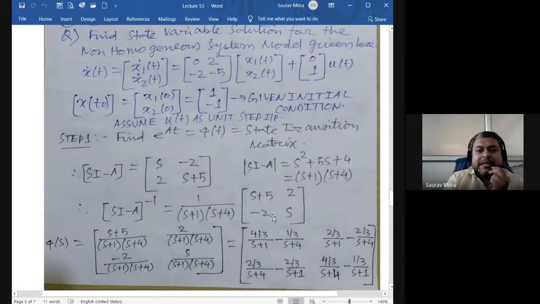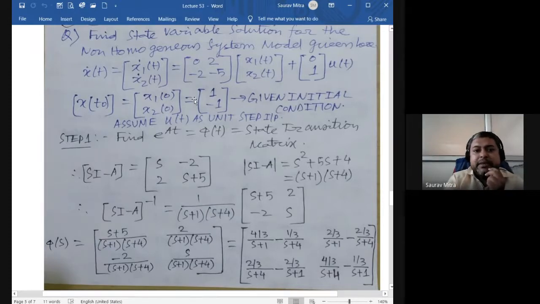So this is 1 by delta, and then take the adjoint, cofactor and all those things. So just exchange these two things. S plus 5 goes up, S comes down, and this minus 2 and plus 2, they change the sign. So this 2 becomes minus 2, and this plus 2 becomes minus 2, and S plus 5 and S have changed position. This is phi(S). So only finding the state transition matrix can be a numerical.